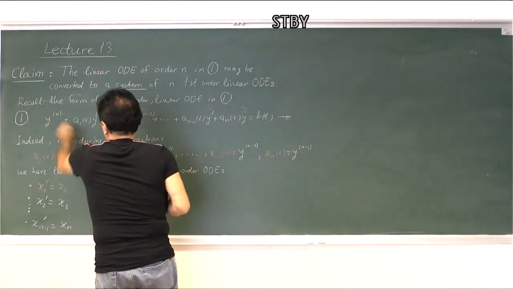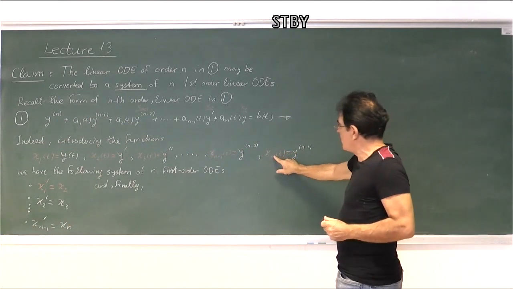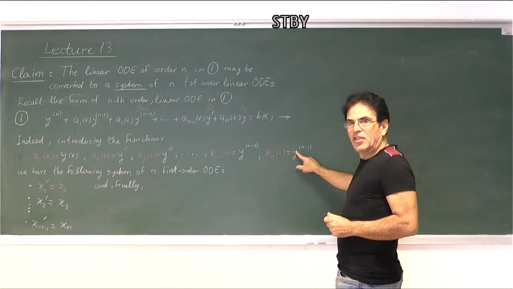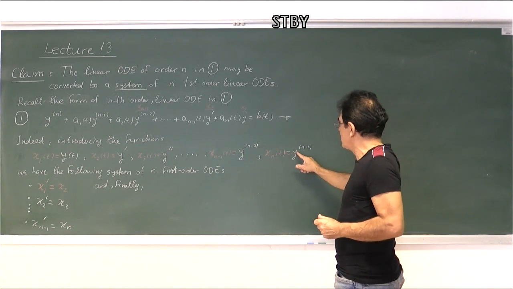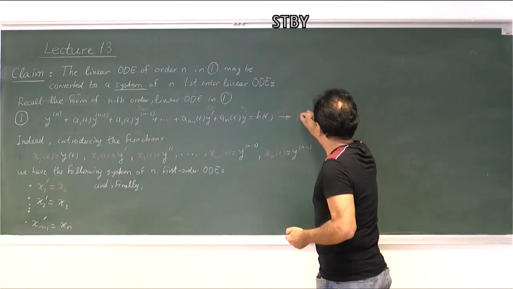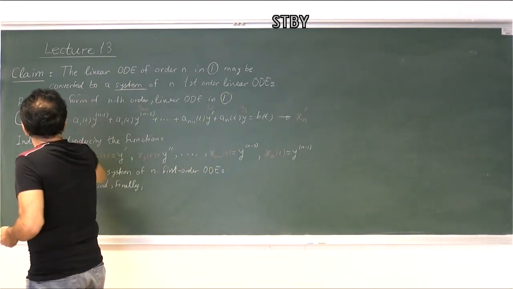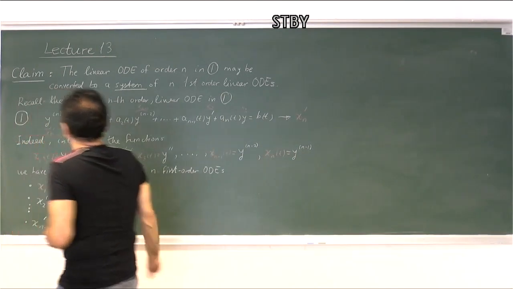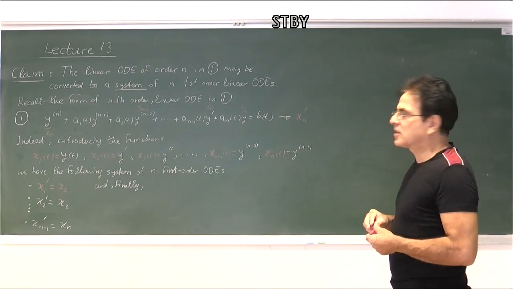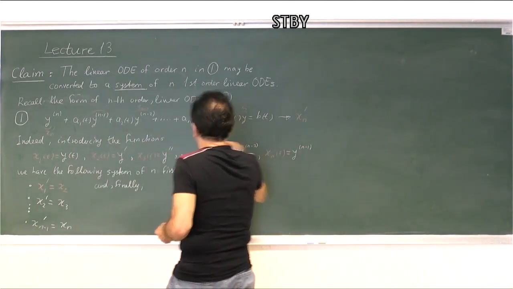The nth derivative of y is nothing but xn prime, because xn is already the (n-1)th derivative; on differentiating, we have xn prime. So the nth derivative of y in the original linear equation is xn prime in this setting, and the (n-1)th derivative is xn.